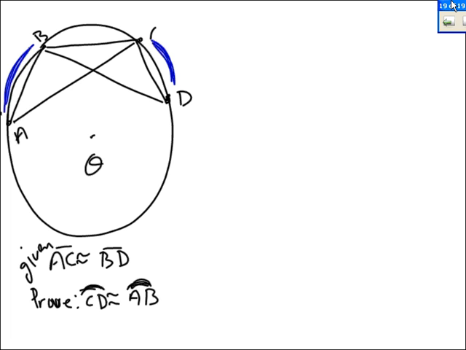Well, what I'm seeing is maybe we can show that ABC and DCB are the same, congruent. Take away BC from both sides, and then we get what we want. AB and CD, same length, same arc. So that's what I want to show.